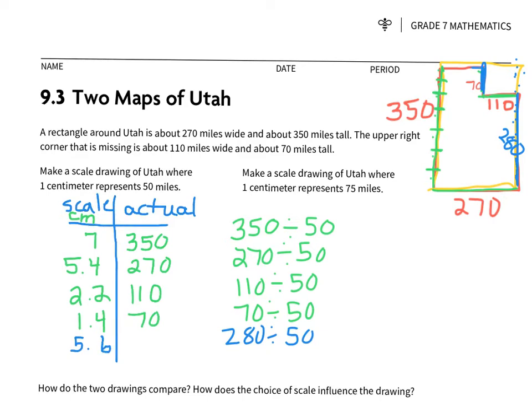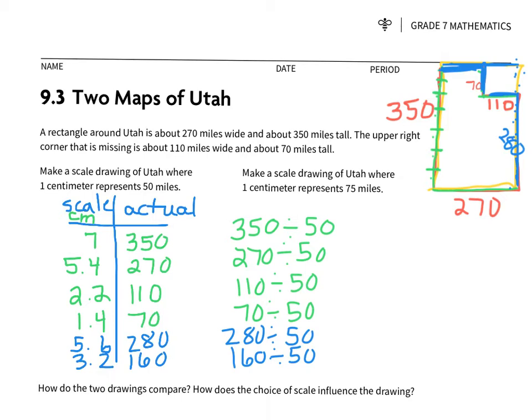Then we need that same idea up at the top here. It should just be the leftover piece. I hope I did that last division right. If it was 270 all the way across, and we're taking away 110, that leaves 160 miles for this piece. And 160 divided by 50 should be 3.2 centimeters.